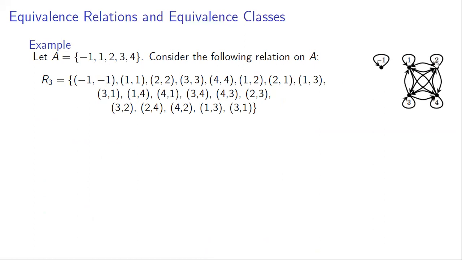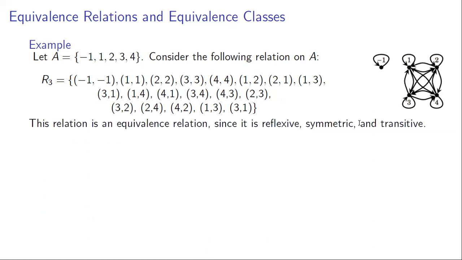So 1 is related to 2 and 3 and 4. 2 is related to 1 and 3 and 4. 3 is related to 1 and 2 and 4. And 4 is related to 1 and to 2 and to 3. This is an equivalence relation since it is reflexive, symmetric, and transitive.